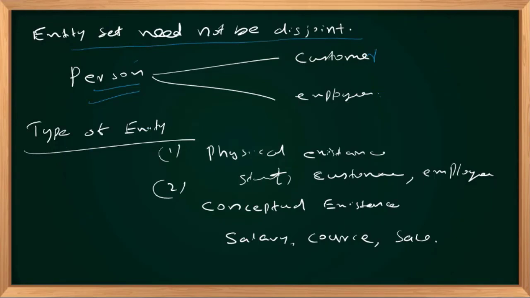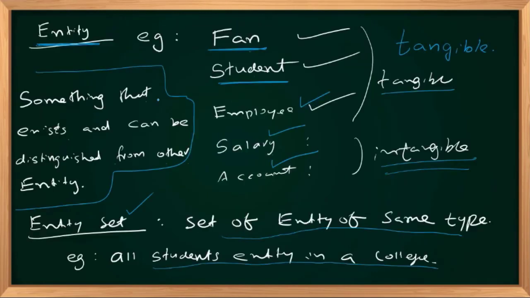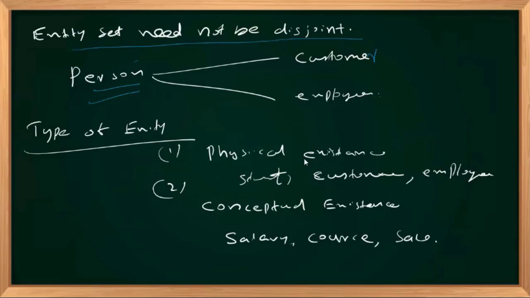So, types of entity. We have two types of entity: tangible and intangible. What we can see with our eyes is tangible. What we cannot see with our eyes is intangible. Based on this, a physical entity means we can see it. Students, customer, employee, fan are examples of physical entity.